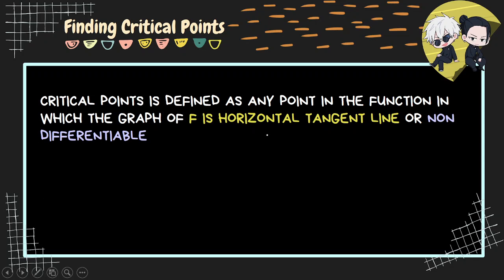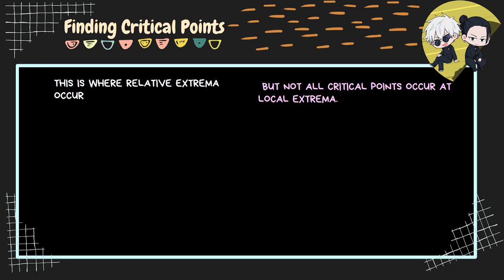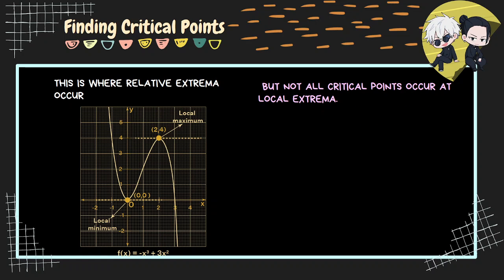So, when we have a horizontal tangent, this is where we can find the local minimum and the local maximum. Okay?